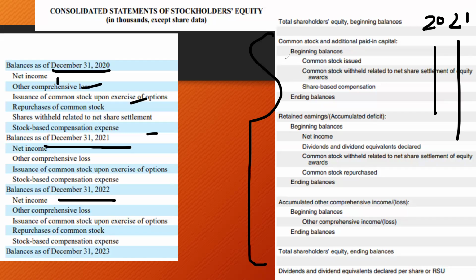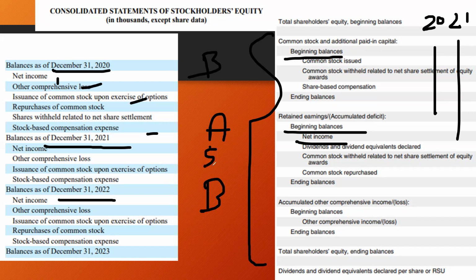For example, the beginning balance. You will add something, you may add some net income. If you make any payment or buyback, you will subtract something. And at the end you will get the ending balance.